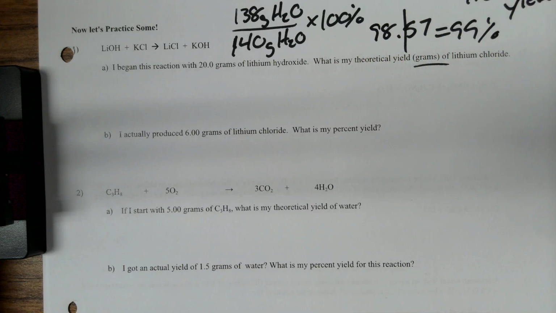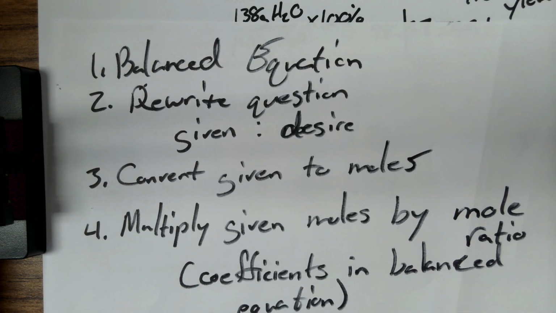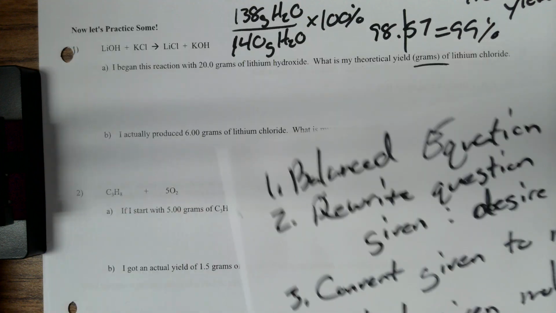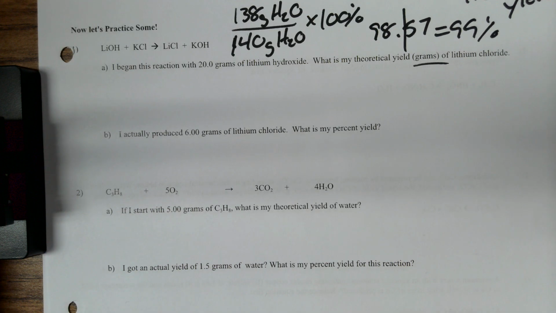So if I'm worried about my steps of stoichiometry, step 1's already done. I have my balanced equation. Step 2, I need to identify what I have, what I want. What does the question give me?